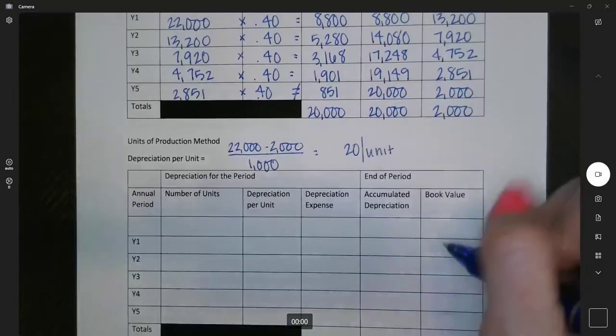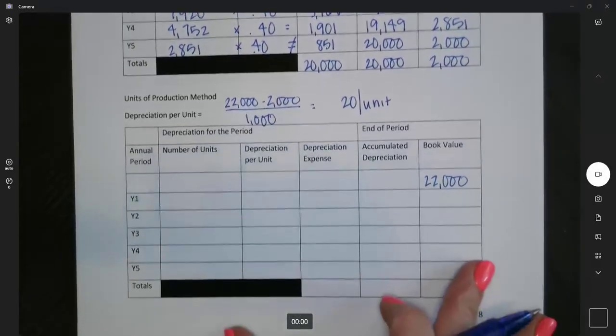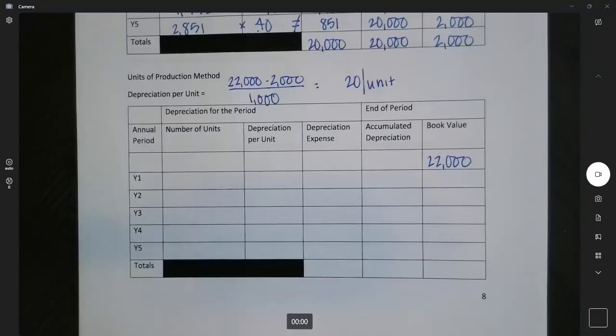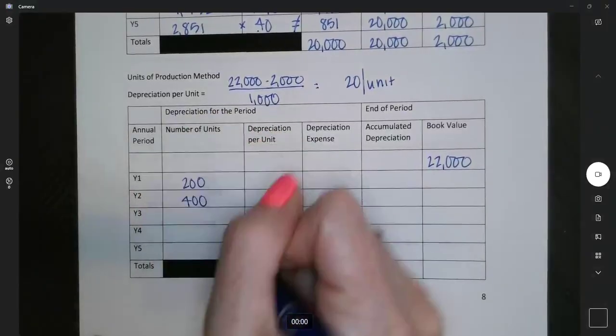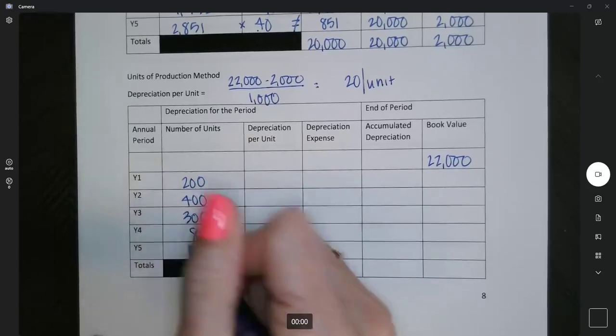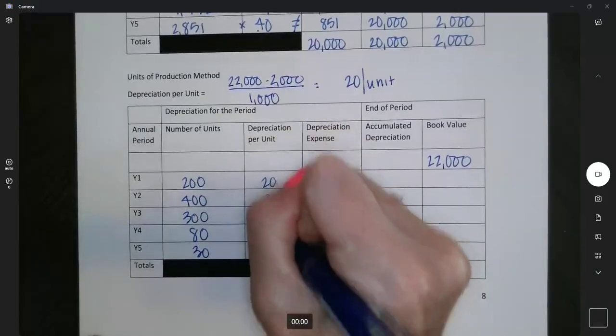Beginning book value is 22,000. Over here, I'm going to put in the number of units that were given to us on the previous page. In year 1, 200 units. Year 2, 400. Year 3, 300. Year 4, 80. Year 5, 30. Our depreciation per unit is always going to be 20 per unit.